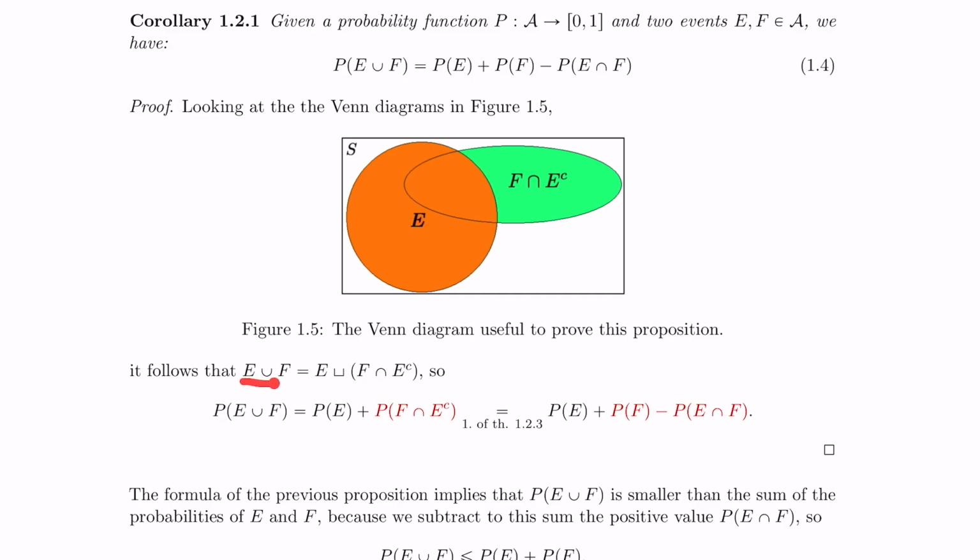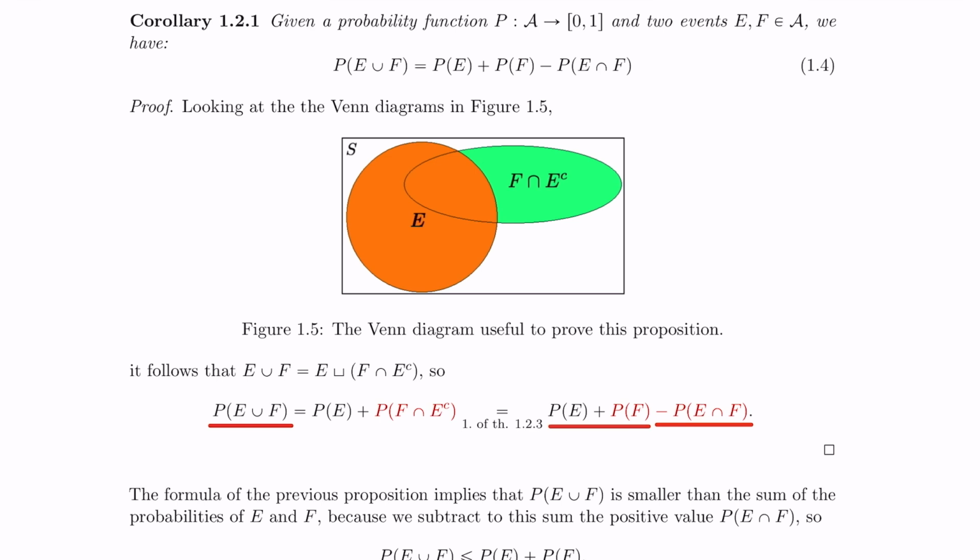In fact, the probability of this event becomes the sum of the probabilities of these two events. Then we can use property 1 of the previous theorem, and instead of writing this, we write this. The final result is that the probability of the union of two events that intersect non-trivially is the sum of the probabilities of the two events minus the probability of their intersection.